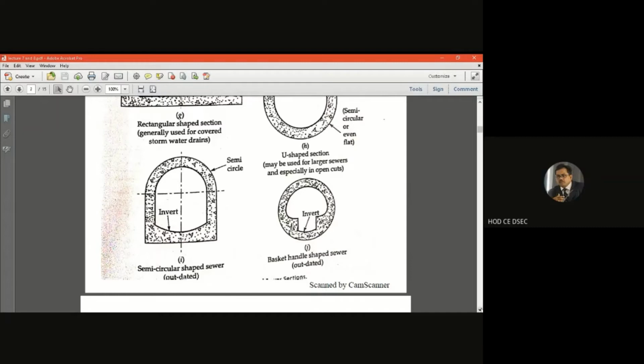The above 8 figures I have highlighted are used where the sewage flow is more, where it is more than 1.8 meter, where it is a shallow depth, that is the open cut, and where it is less flow, which type of sewer will be applied. So different shapes we have highlighted, and two are nowadays outdated: the semicircular shape as well as the basket handle shape sewer.